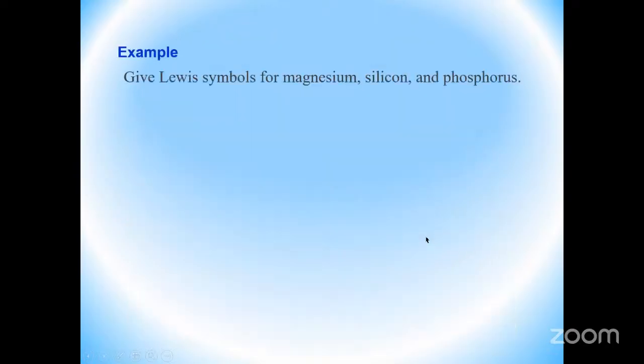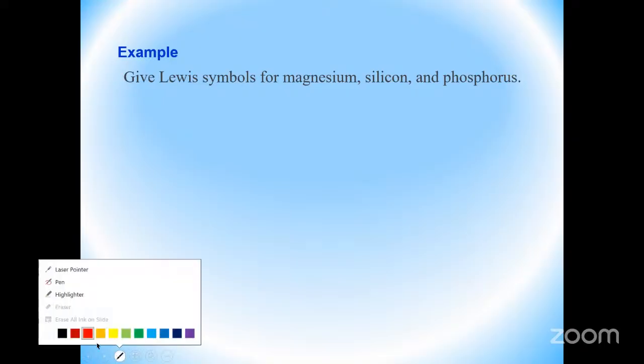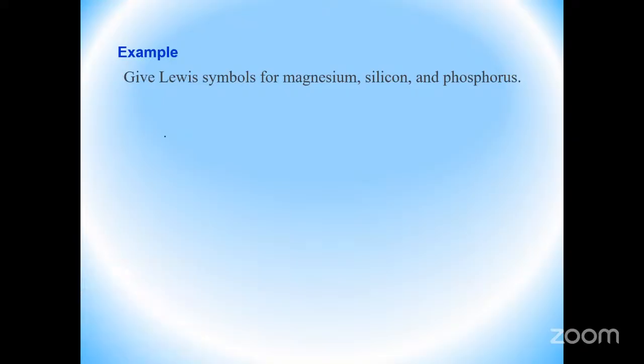Okay, so let's talk about answering this question. Give the Lewis symbols for magnesium, silicon, and phosphorus. This is very easy because all you have to do is write down the symbol of the element. In the case of magnesium, that would be Mg, and then you put 2 dots around it, and that's the Lewis symbol for magnesium. In the case of silicon, that would be this right here.